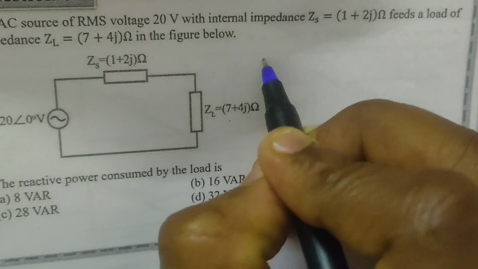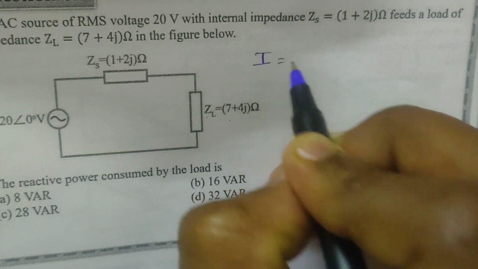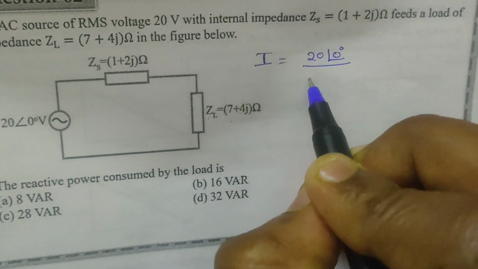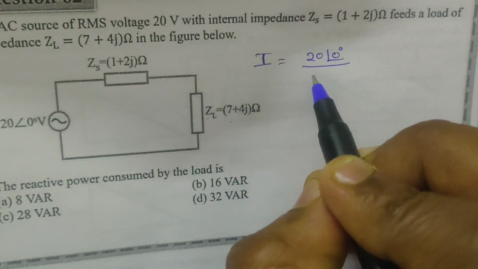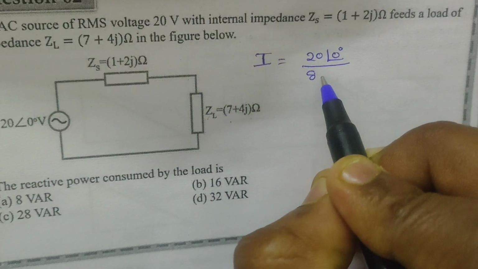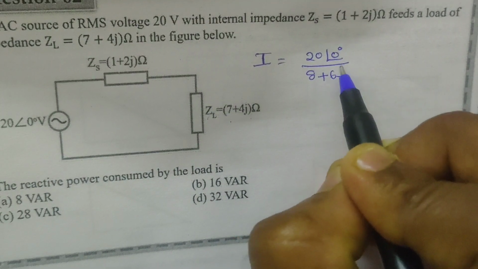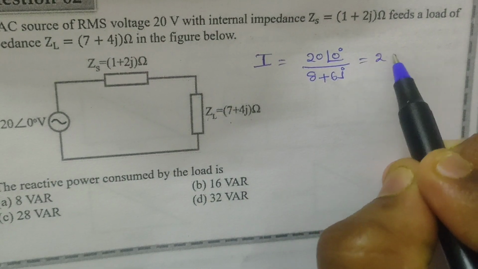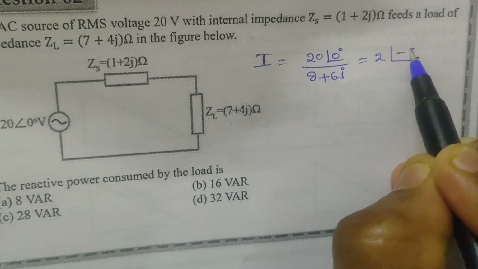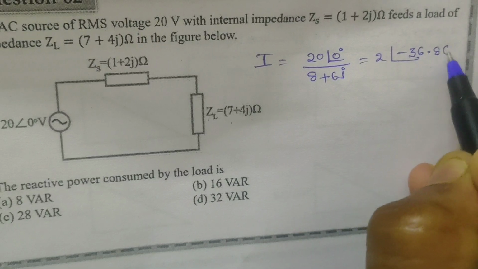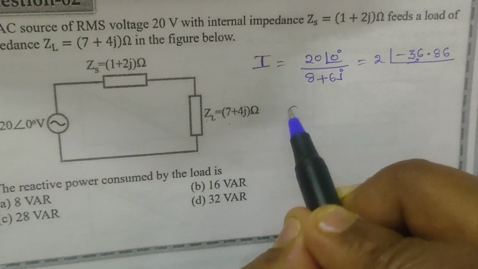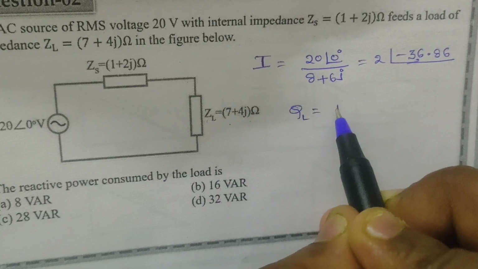Here you can write I is equal to V by Z, where V is 20 at an angle of 0, by total Z, which is 8 plus 6j. You can write it as 2 at an angle of minus 36.86.